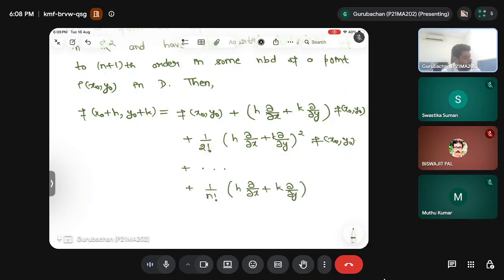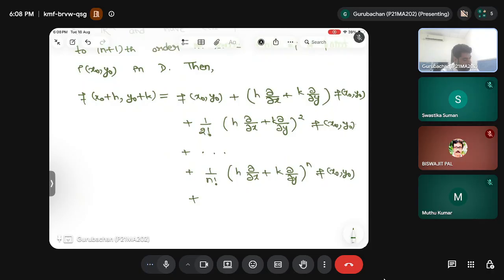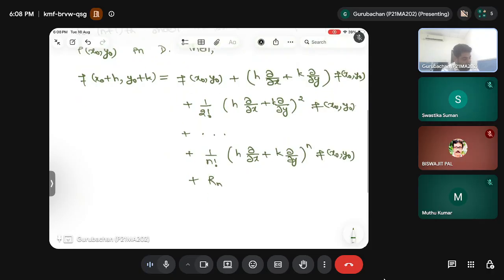raised to n of f x naught y naught, plus the remainder term Rn, and this Rn is defined as, where Rn is similar to the one variable case.